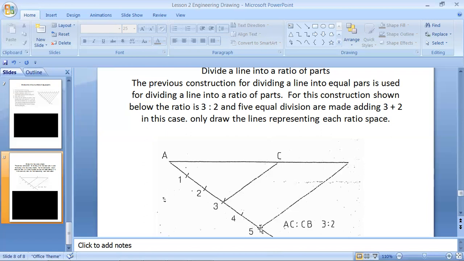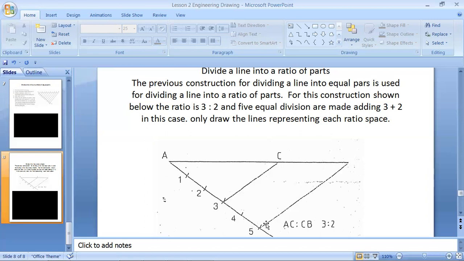Join the last mark to the end of the line, and then using the combination of the two set squares given a while ago, you're going to draw the ratio values from back to front. The last value is 2.